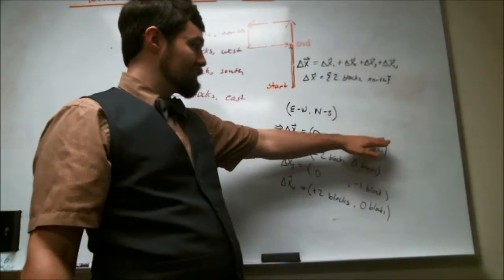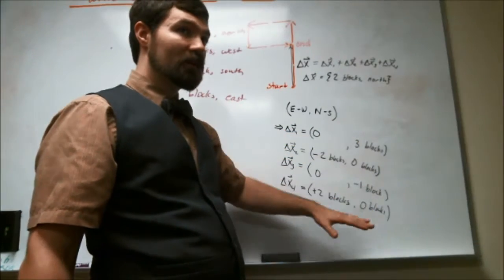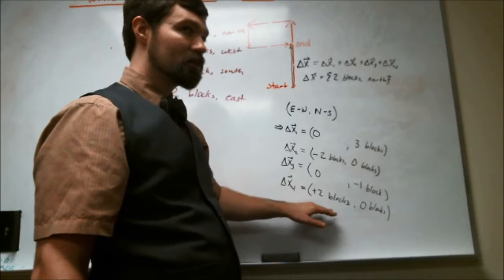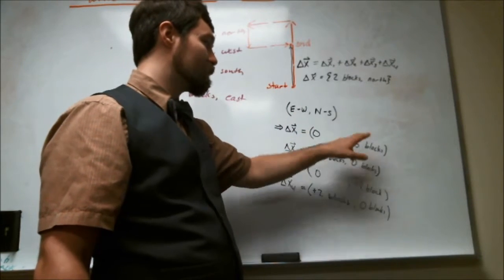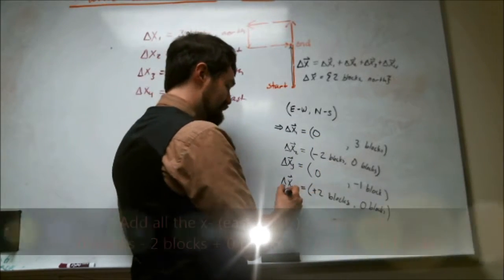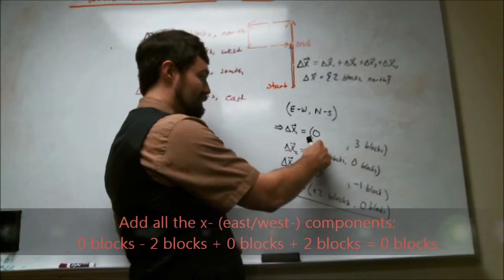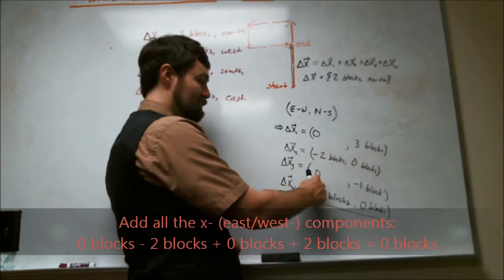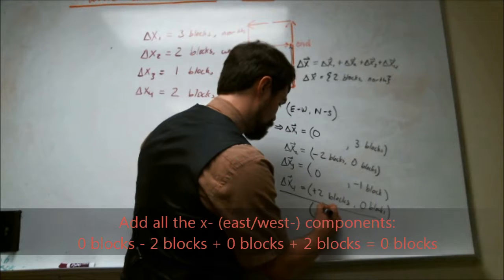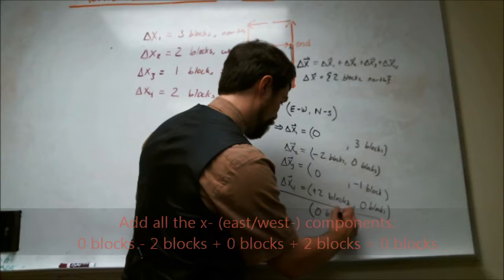Is because when we're adding a vector like this in Cartesian, we want to add up all the east-west components, and we want to add up all the north-south components individually. So east-west, we have 0, minus 2, plus 0, plus 2. So that's 0 blocks.